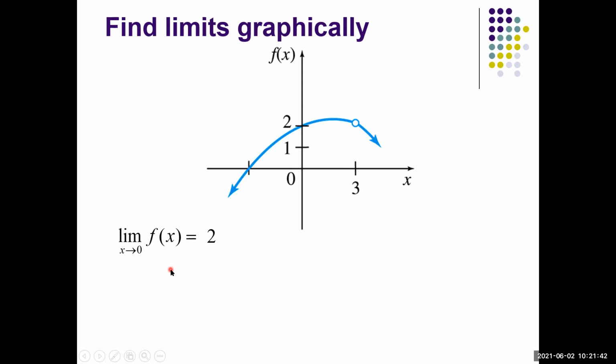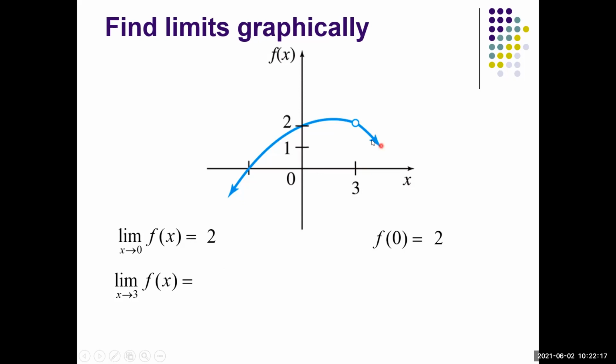Okay. Now, what is f of 0? f of 0 means what's the function value when x is 0. So when x is 0, look up at the point on the graph, the y value is 2. So the function at 0 is 2. Now, what happens with the limit of the function when x approaches 3? When x approaches 3 from left and right, you see that it's getting closer and closer to this spot, which is 2.